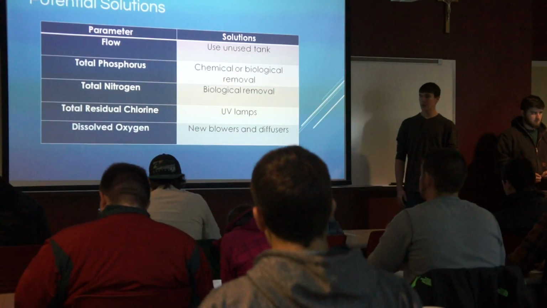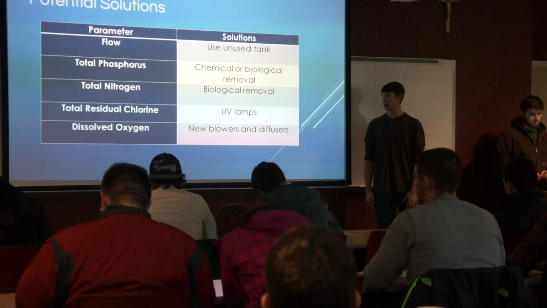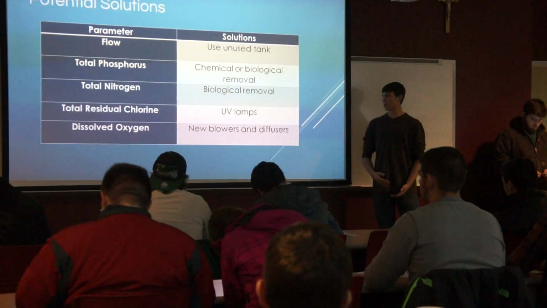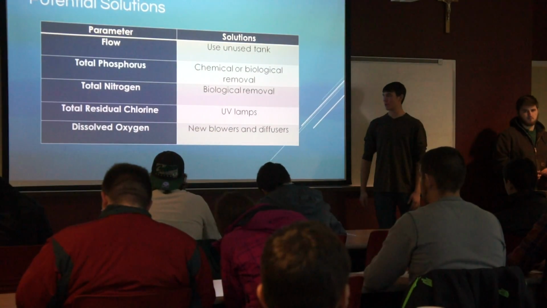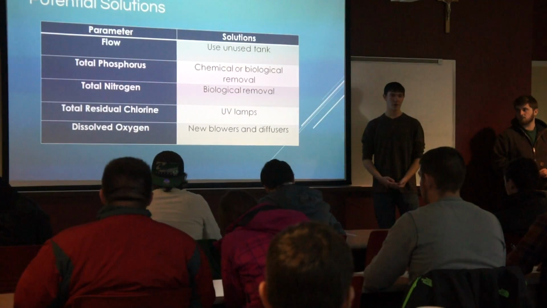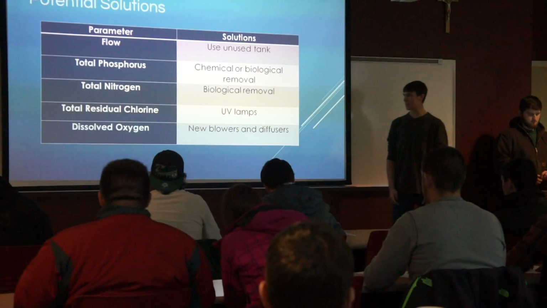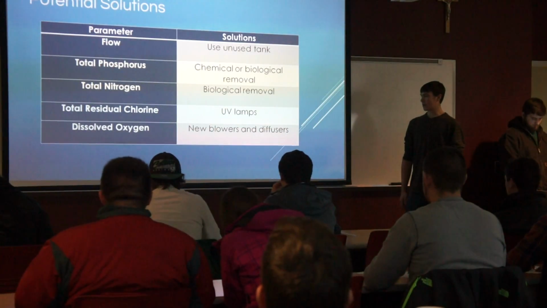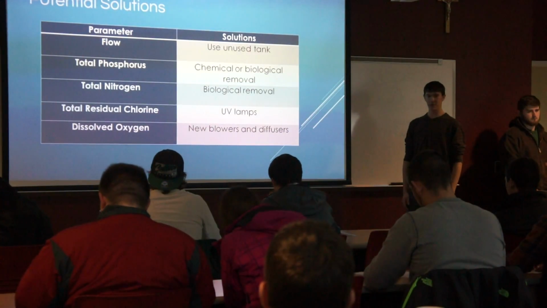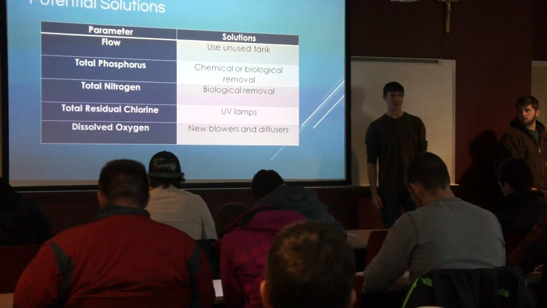For nitrogen, we're sure we're using a biological removal process. As far as the chlorine goes, we're going to replace it with UV lamps. They're very efficient, they work well, they're easy for the operator to use, and they're safe. Then lastly, the dissolved oxygen, as I said before, simply just replace the blowers and diffusers.